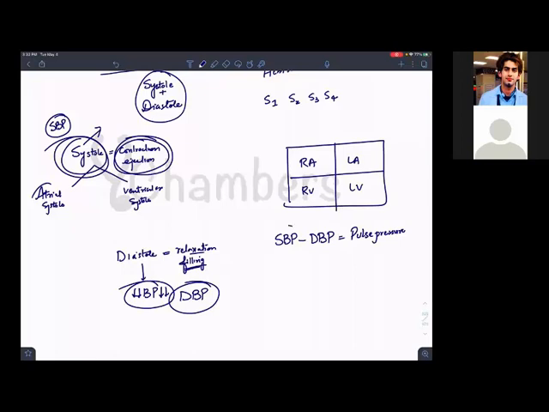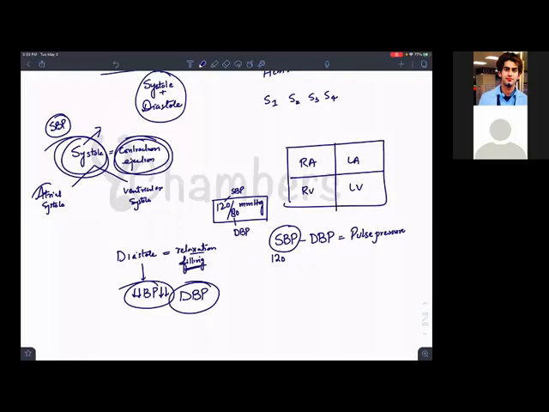What is the systolic blood pressure? We know 120. I hope you know this quantity, 120 by 80 mmHg. So 120 is systolic blood pressure. This is the diastolic blood pressure.